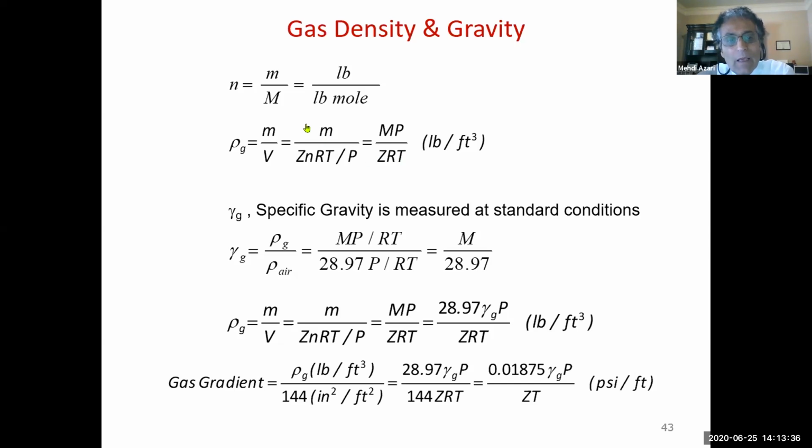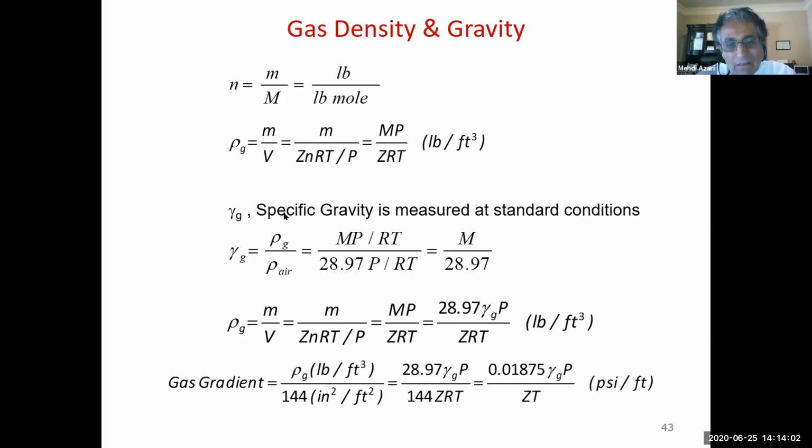For this m, you put n times M, and the n cancels out. So the density of gas is MP over ZRT. I memorized this one because we had a professor, his name was M.P. Sharma. He was from India. So I never forget this equation, because it is somehow related to his name. Density of gas, MP over ZRT, right? And then the unit is pound per cubic feet. So this is density.